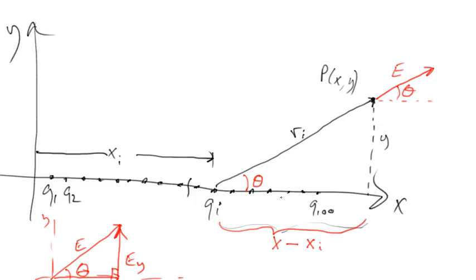So the whole distance over is x. It's the x coordinate of the point in space at which I'm calculating the electric field, and the distance from the ith particle is whatever that total x is minus the x for the ith particle.